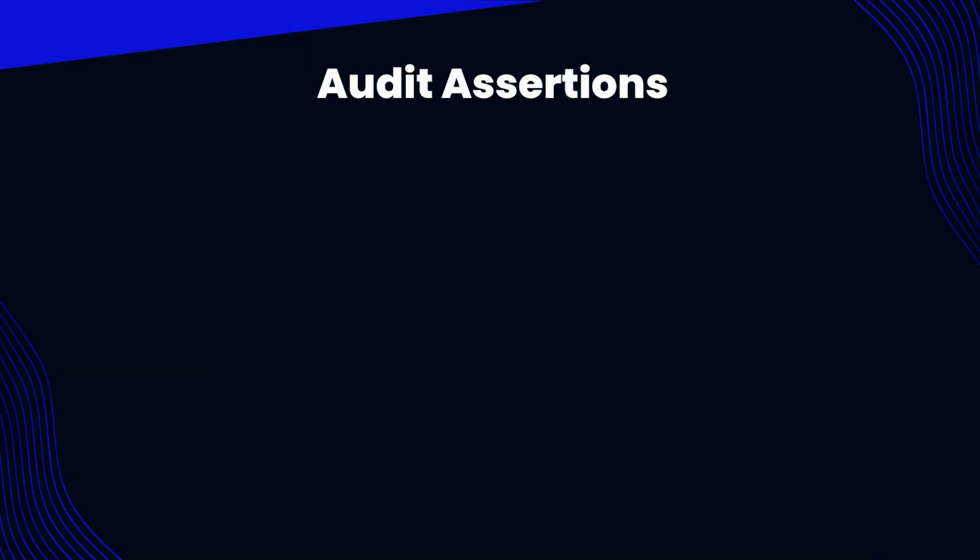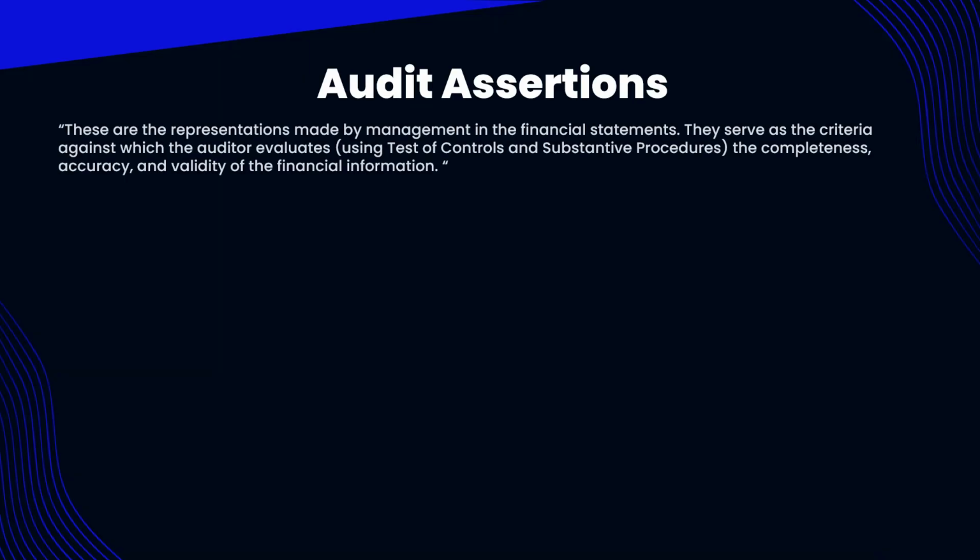What is an audit assertion? These are the representations made by management in the financial statements. They serve as the criteria against which the auditors evaluate the completeness, accuracy, and validity of the financial information.